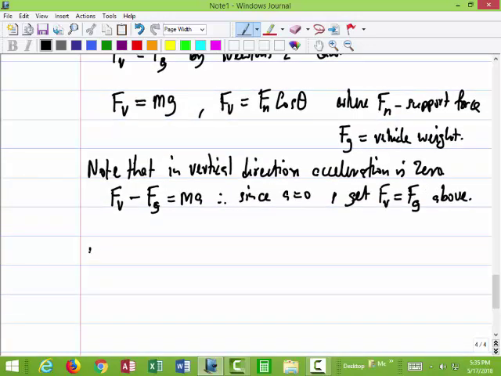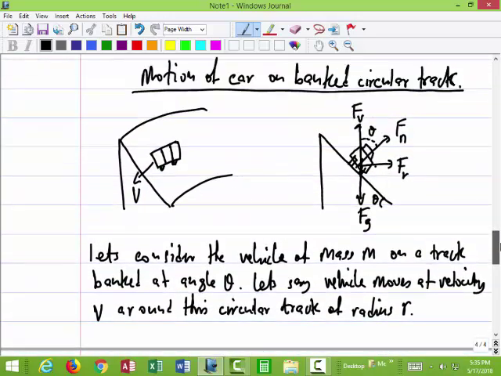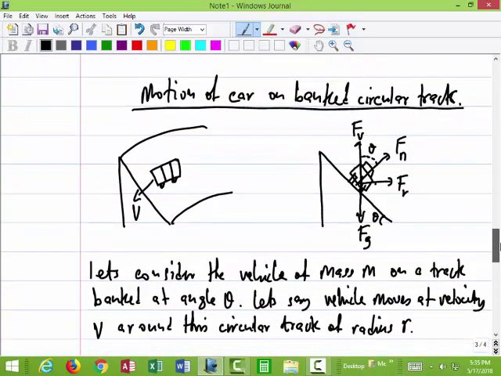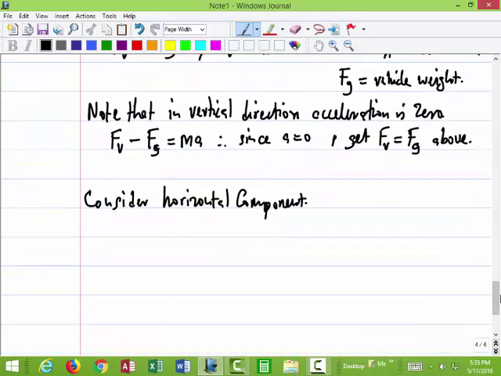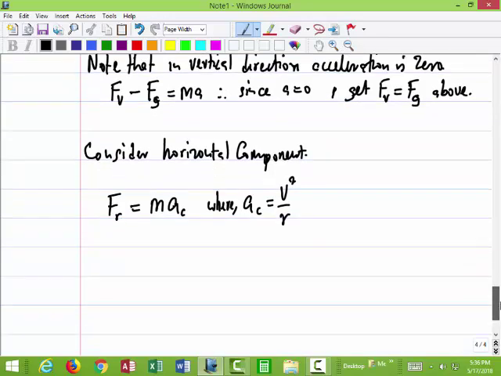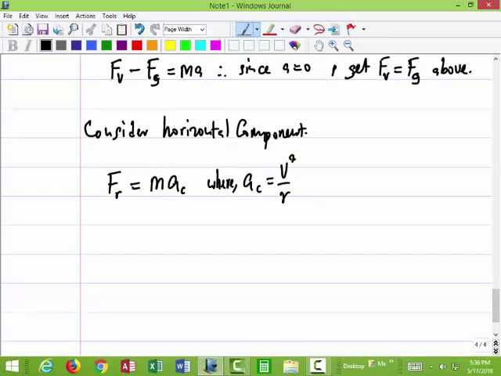Now let's consider next the horizontal component. In the horizontal case, the horizontal forces are the horizontal component of the support force, F subscript R, and that should be equal to m times centripetal acceleration a subscript c, where ac is equal to v squared over r. R is the radius of the circular path and v is the speed of the vehicle in the path.